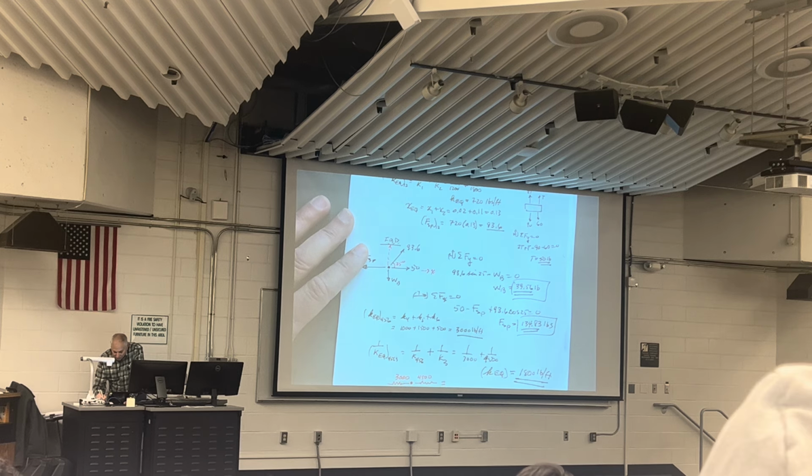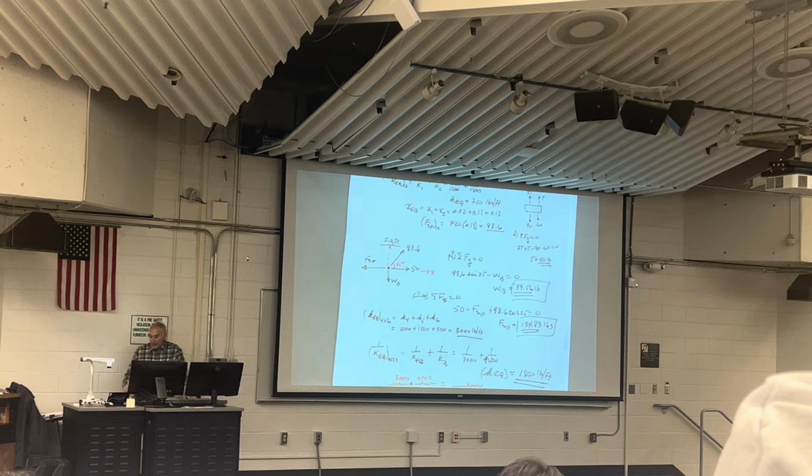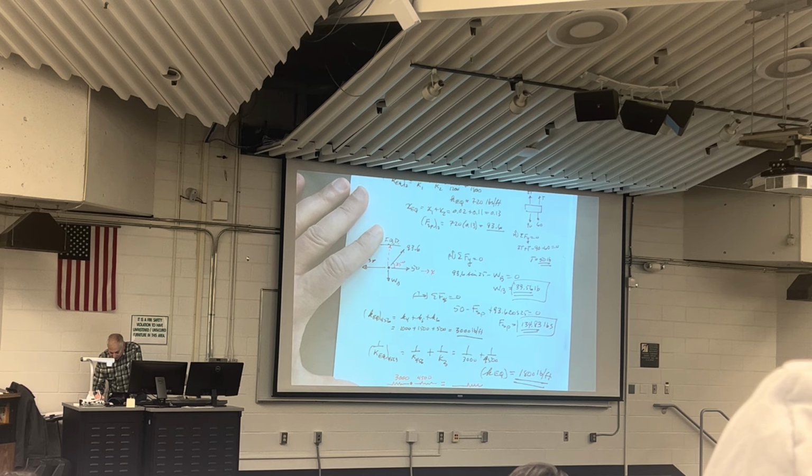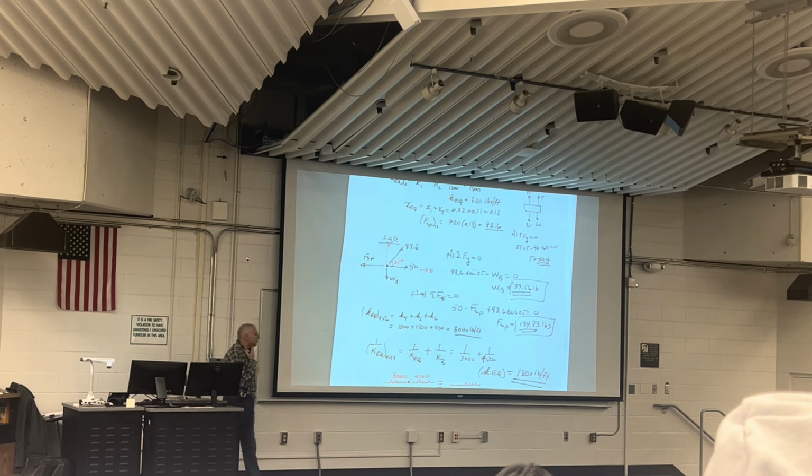I made the equivalency that this is one spring with the value of 1,800. Correct? You now know the force in the spring. That is 134.83 is equal to 1,800 times X. You can find the X if you needed to.